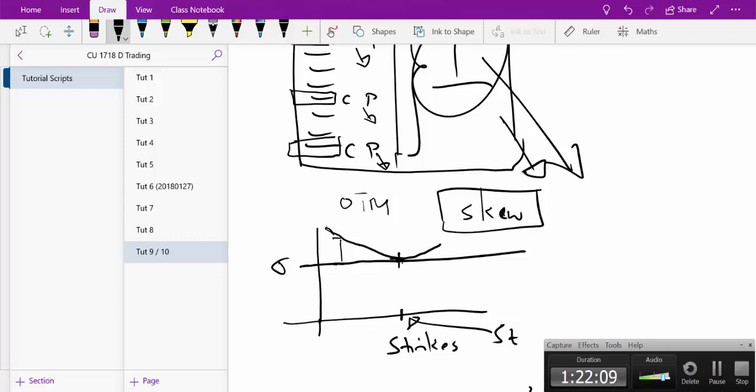In option markets, when we look at volatility, we look at three things. Number one, we look at the money volatility for calls and puts. They should be roughly equal.